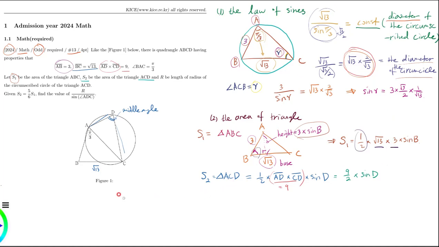The third point of this problem is the law of cosines. In this case, I want to focus on the specific case of triangle ABC, and the length of side AC, not AD.